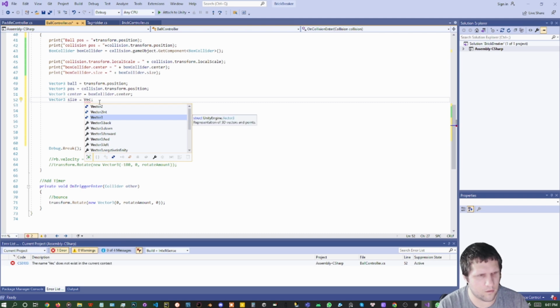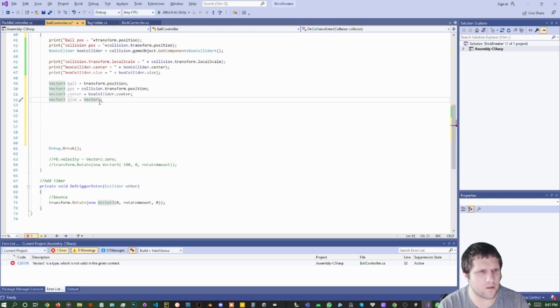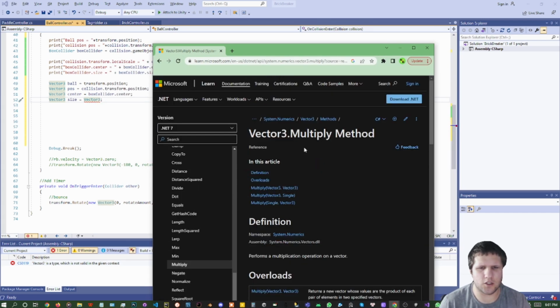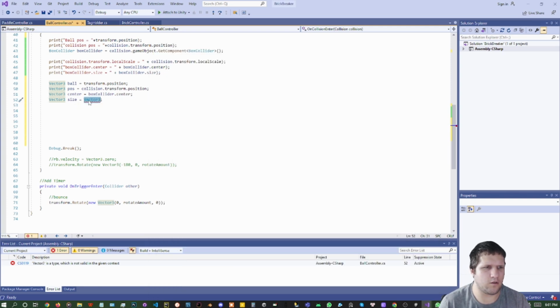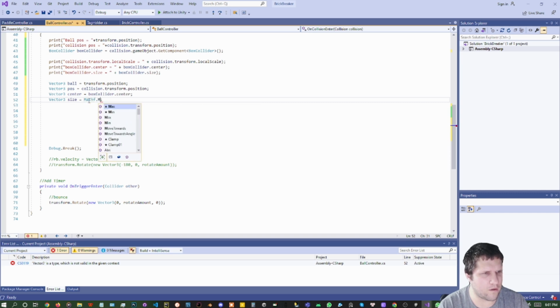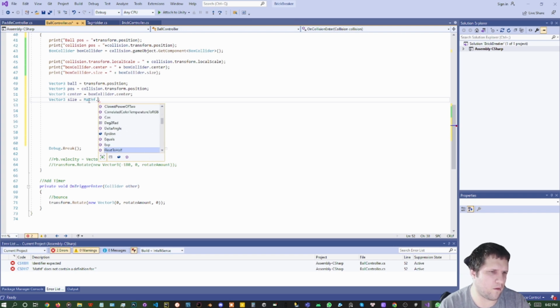No, vector 3 is the Unity engine vector 3, not the C# vector 3. System.numerics. Well, what about mathf? Mathf dot, oh well.